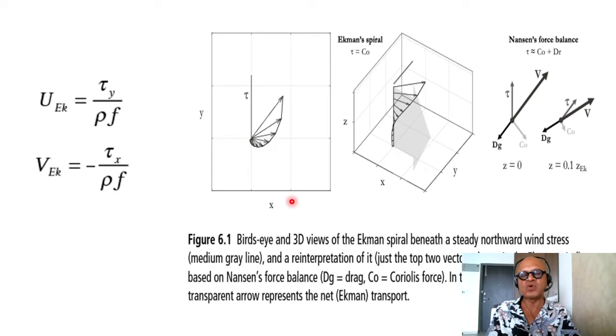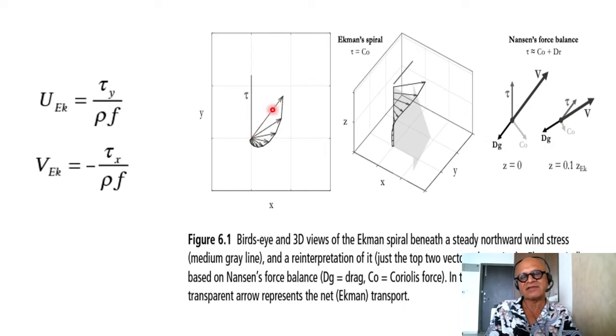So here are the bird's eye view and 3D views of the Ekman spiral beneath a steady northward wind stress, shown by the medium gray line, and a reinterpretation of just the top two vectors. If we look at the Ekman spiral from the top, the wind stress is blowing towards the north, so northward wind stress or southerly wind, and the surface currents will go to the right of the wind stress because of Coriolis.